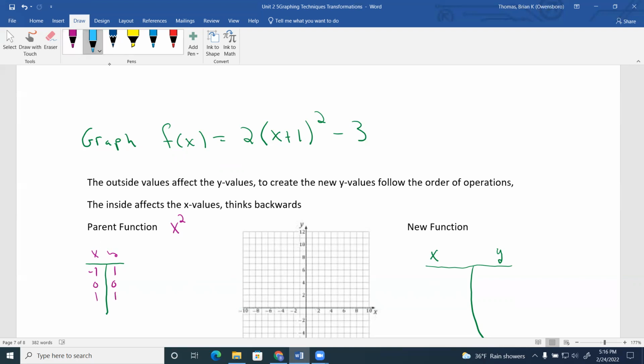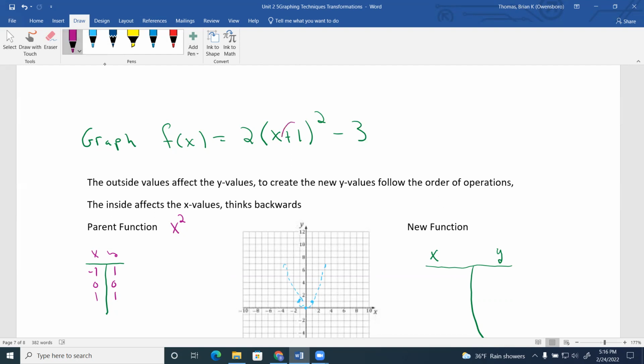So when I graph the parent function, we have this -1, 1, we have this 0, 0, and we have this 1, 1. And it's going to be this parabola, the U-shaped graph. So the graph's going to take on that look. Now, to create my new function, what affects the x's would be the inside.